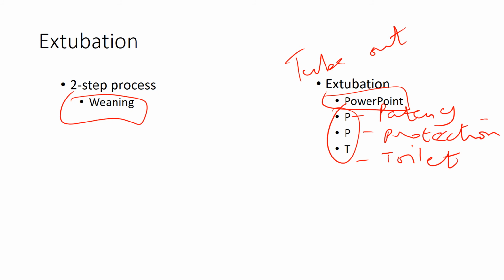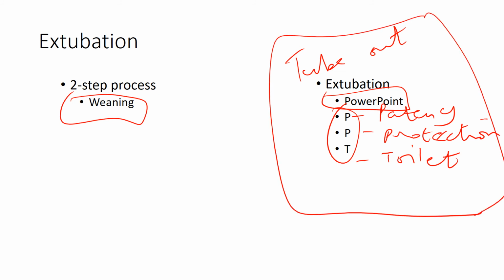Again, you can get the ventilator out, but it's a little old lady who can't cough and therefore can't clear their secretions, and tracheal toilet is a problem. All of these things. Okay, so as far as extubation is concerned, just getting the tube out, it's just these three things that you have to ask for.